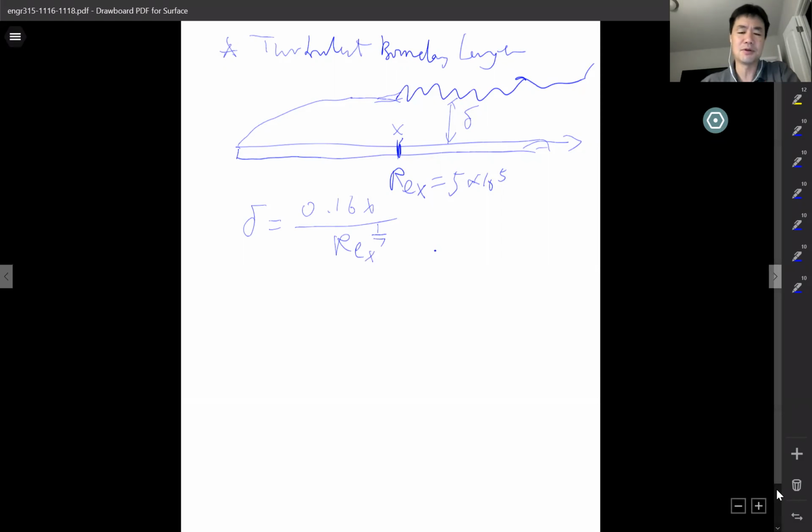These are empirical solutions, not theoretical. I can send you the file later. Let me write it down first. So at any location x, you should be able to calculate the thickness on that particular location of the plate.